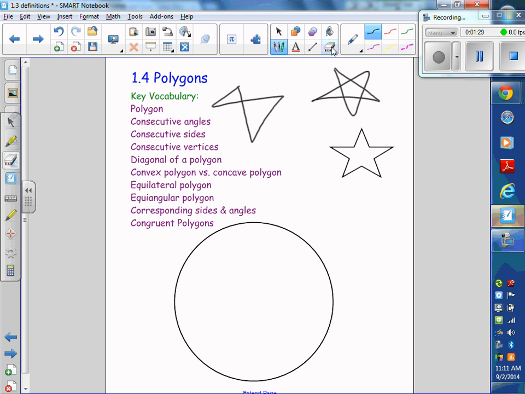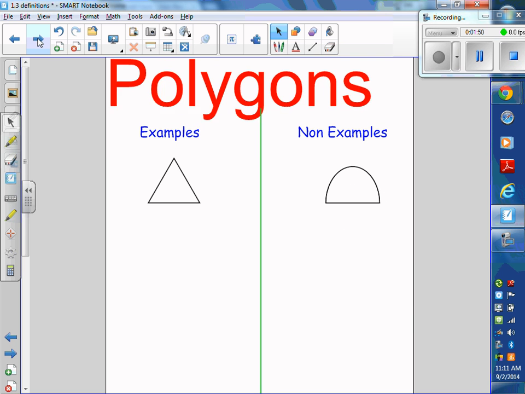This is, would you say that what I just drew here is a polygon? No. Do all the sides touch? Yes. Okay. So maybe we could do better than that. So when you do definitions, sometimes a better way to think about a definition is to think of examples and non-examples.